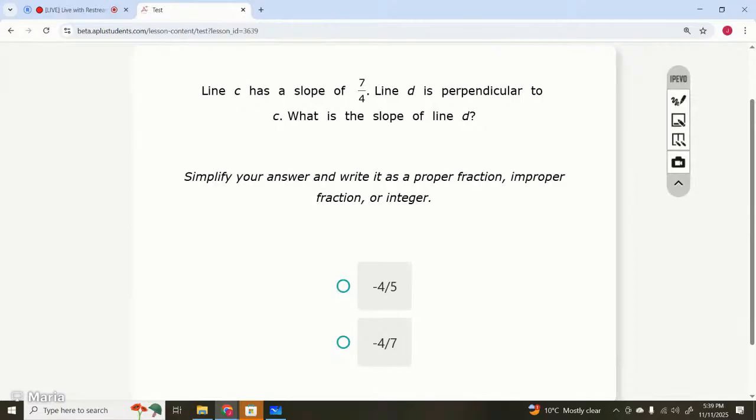Line C has a slope of 7 over 4. Line D is perpendicular to C. What is the slope of line D?